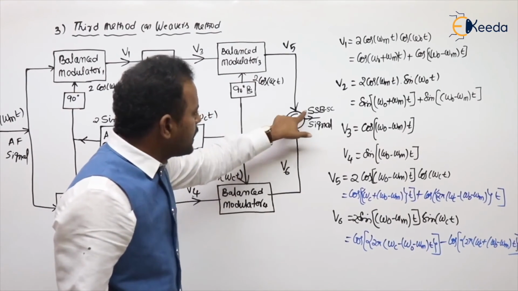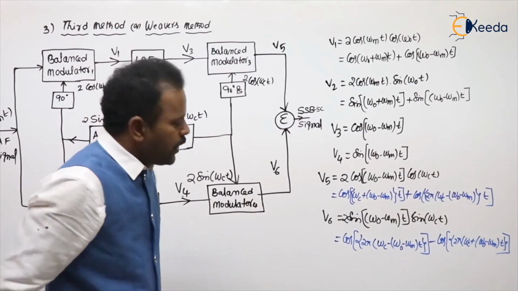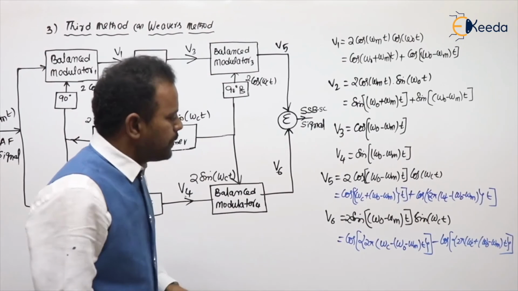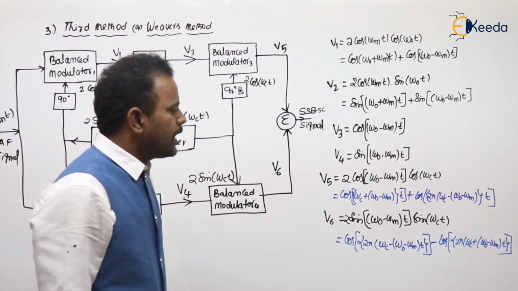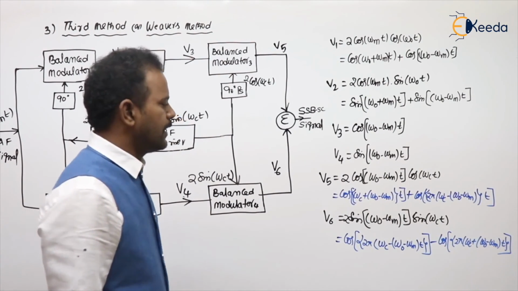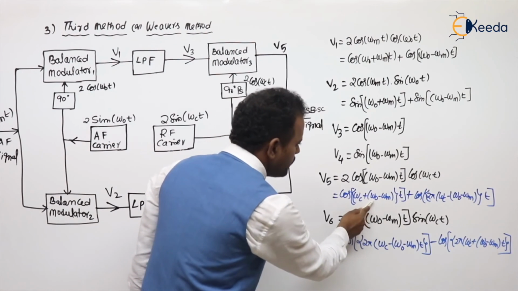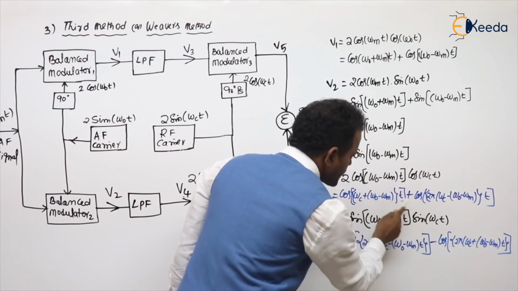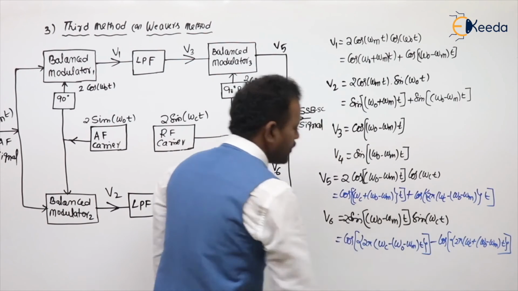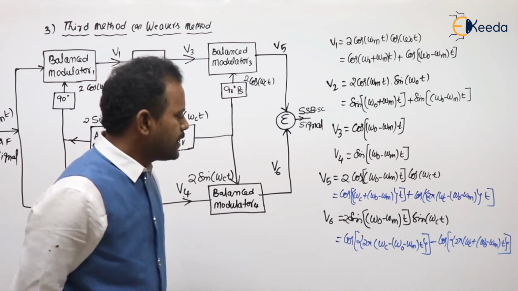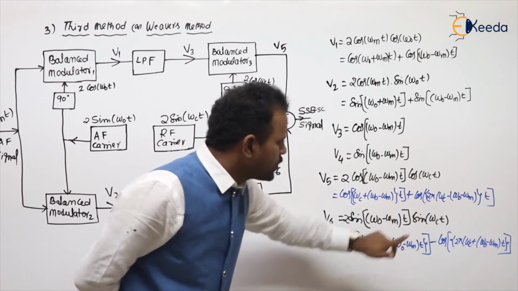And this is added here at the SSB-SC signal. You can exactly observe them. If you clearly observe them in their addition, this term and this term are exactly the same. Both will be cancelled. Then what is remaining? 1 plus 1, 2.